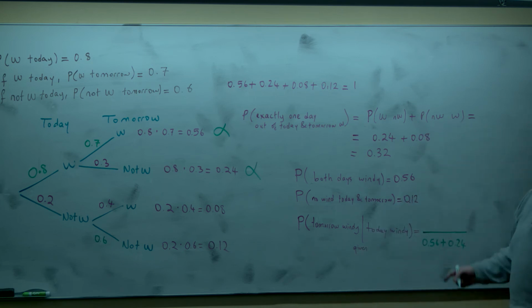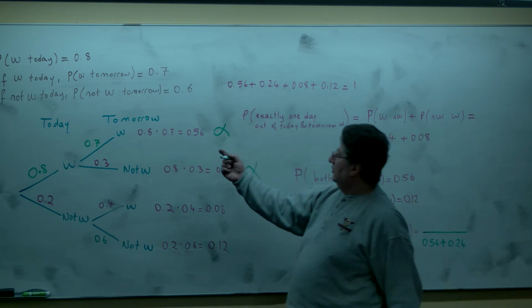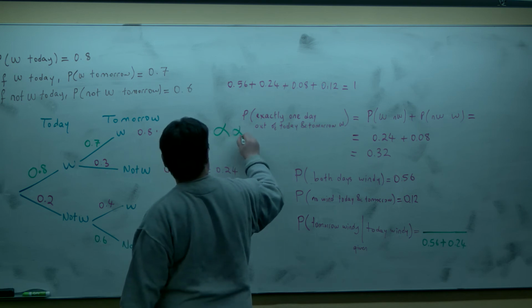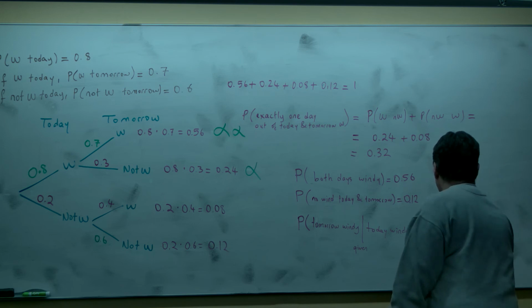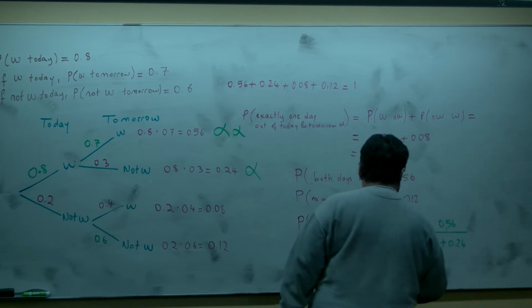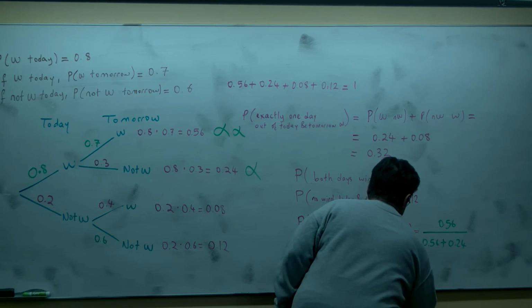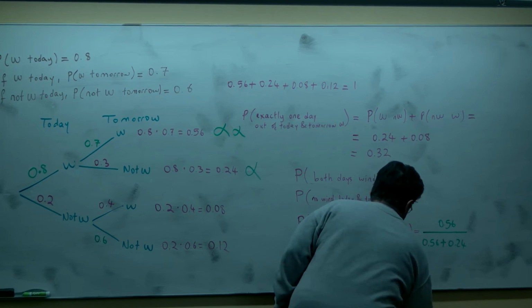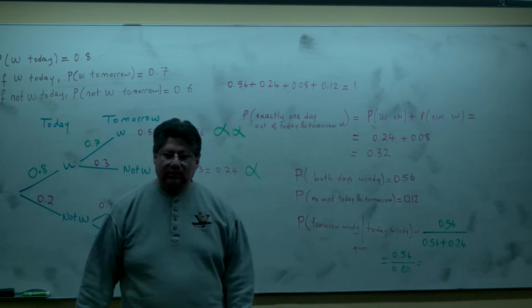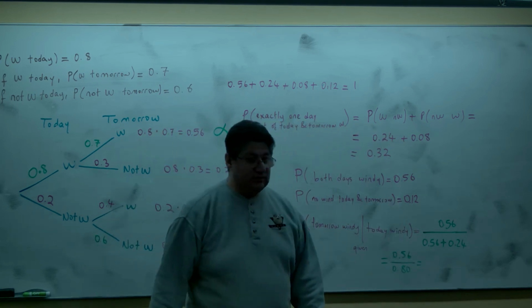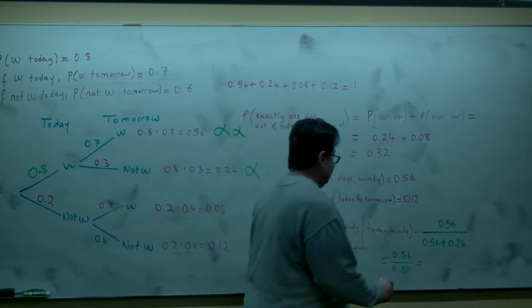Now, out of this, what we want is the probability of tomorrow being windy. That will be this one, 0.56, and this is equal to 0.56 divided by 0.80, and that is exactly equal to 0.7.